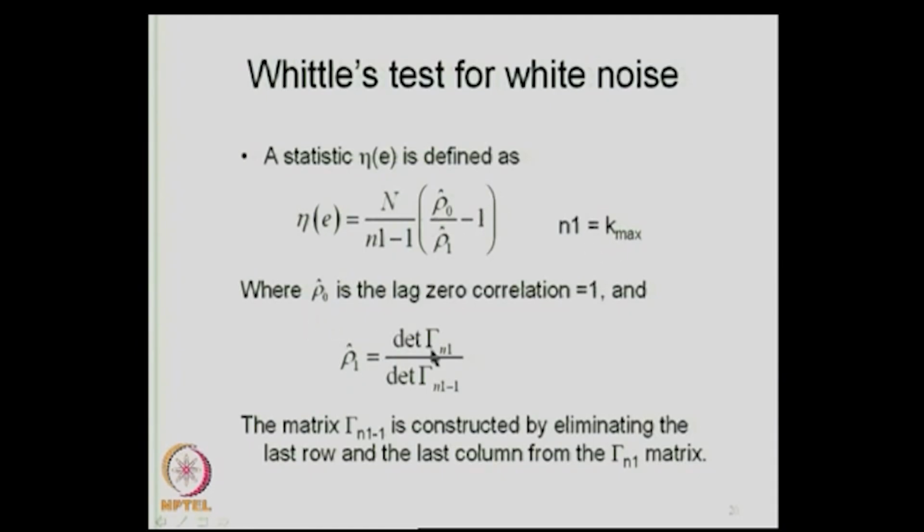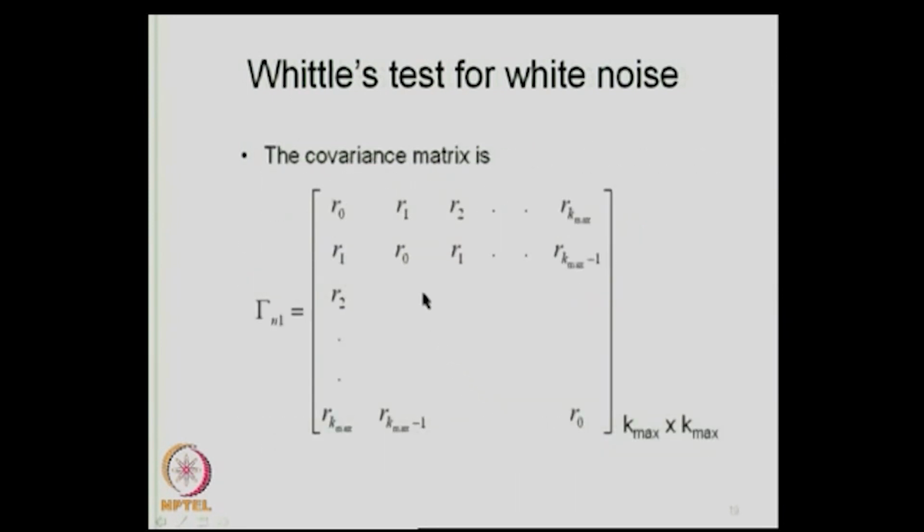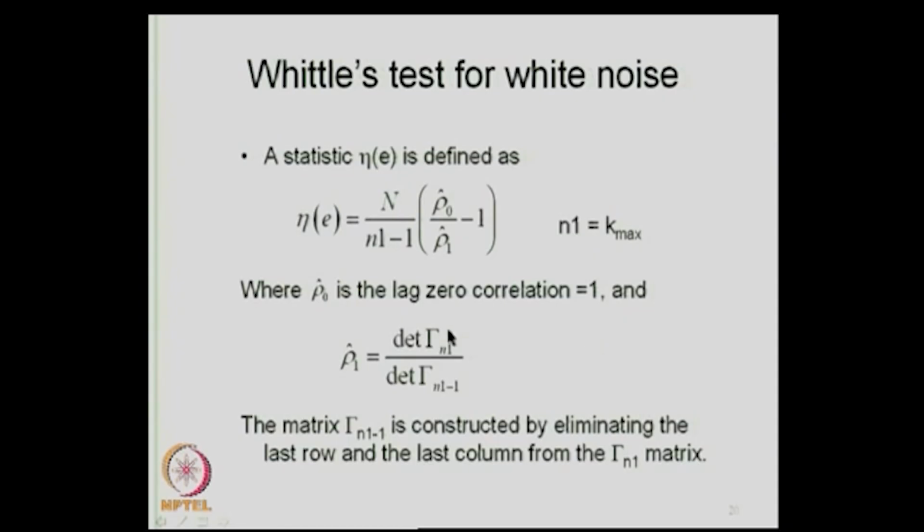Rho1 cap here is determinant tau n1 by determinant tau n1 minus 1. Tau n1 is given here. So, this is a matrix, and the determinant of this is used here, determinant tau n1.